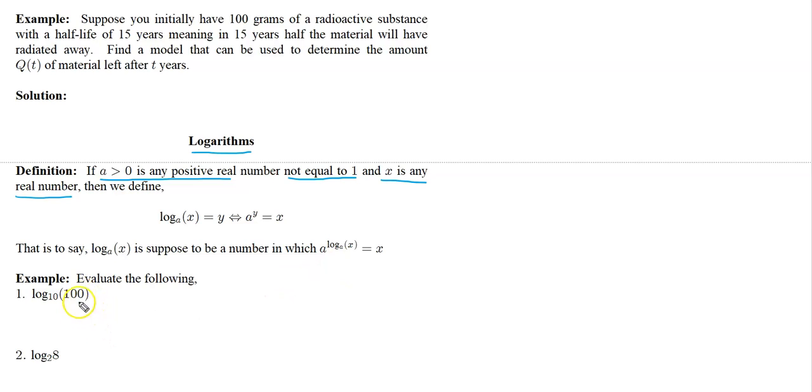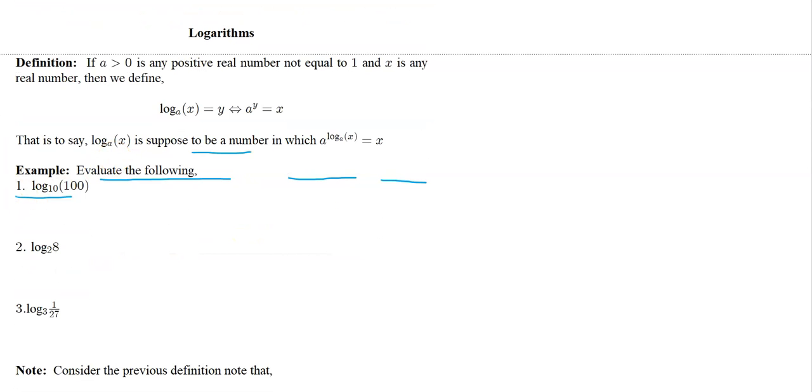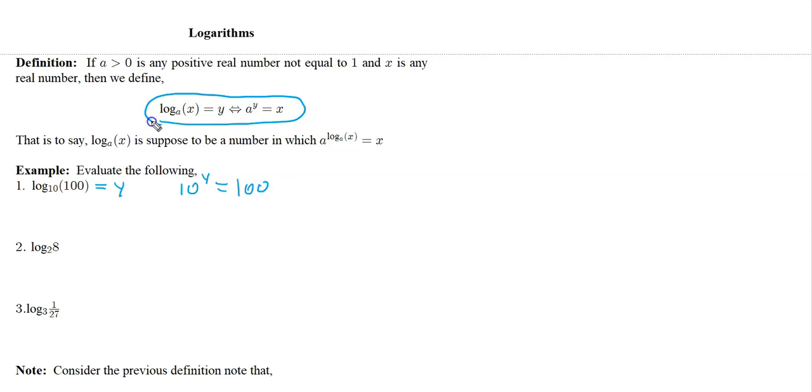So for example, let's evaluate the following quantities to get a little better handle on this definition. So let's evaluate log base 10 of 100. What's that supposed to be? Well, that's supposed to be a number y in which 10 to the y should give us back 100, right? Using this definition right here.